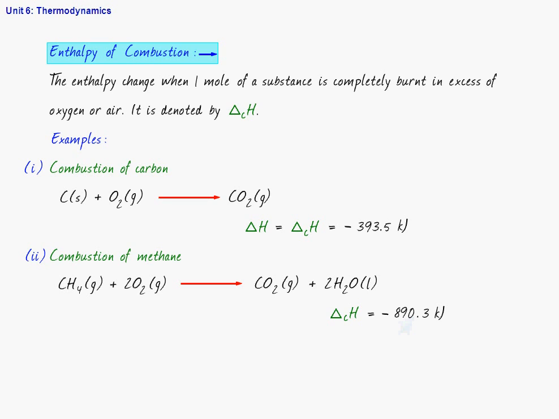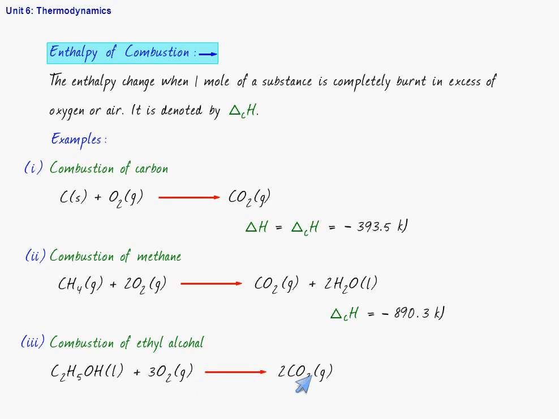Similarly, we can have another example, combustion of ethyl alcohol. C2H5OH liquid plus 3O2 gas gives 2 CO2 gas plus 3H2O liquid.